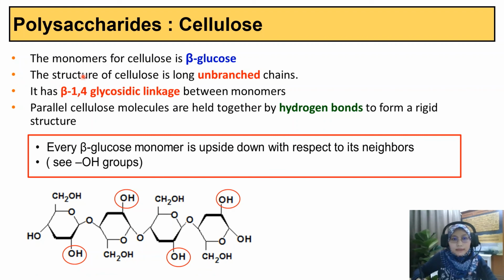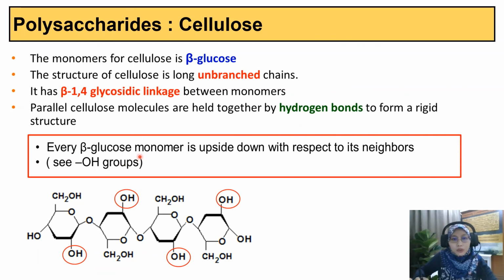Although cellulose is an unbranched chain, it can be arranged in a parallel form held together by hydrogen bonds to ensure that it is strong enough to protect the plant cell.